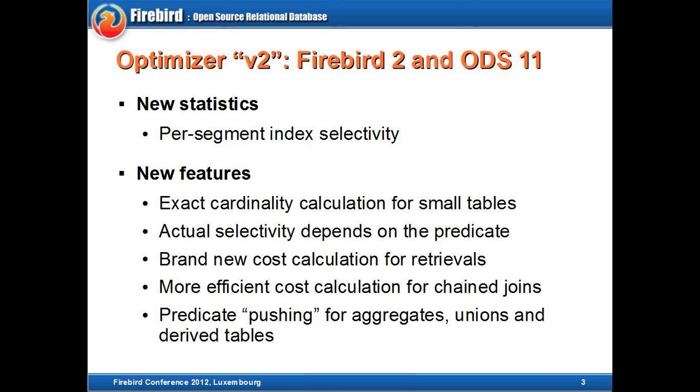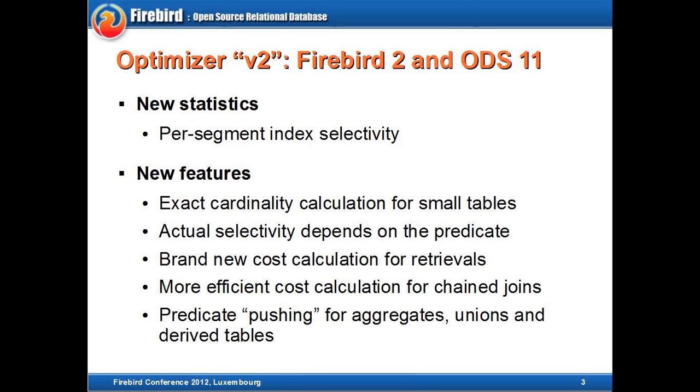Then, another known problem was inexact calculation of the cardinality, the number of rows. The engine, of course, cannot just count them because the table could be big enough, and so optimization would take a lot of time. So it used an estimation based on the number of data pages, the length of the record and its estimated compression ratio, so how many records could fit in a single data page and how many data pages exist in the database.